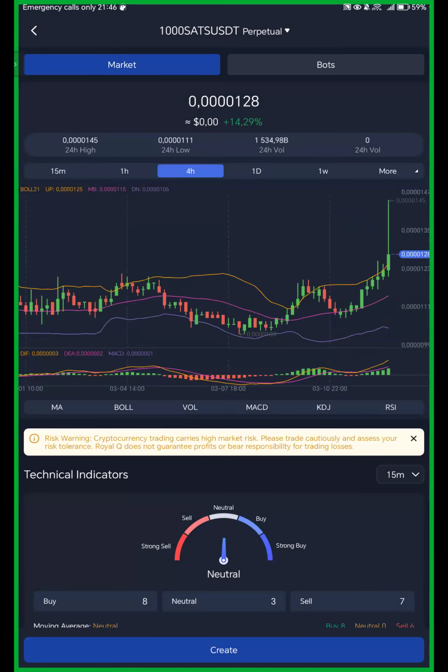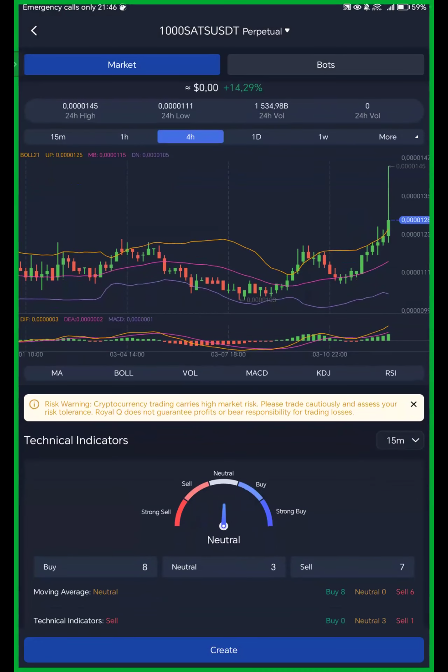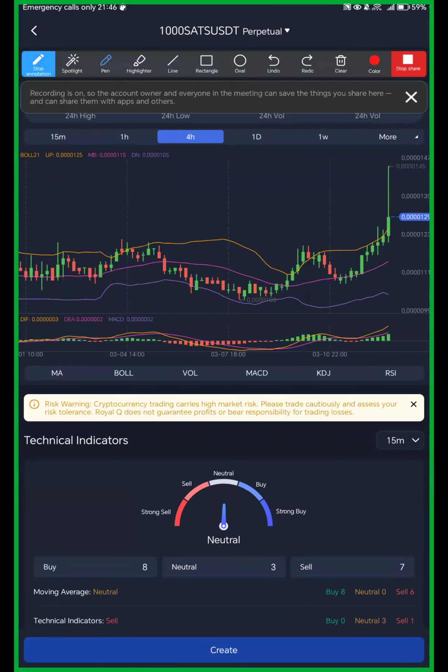But in the process of rising, the price is also moving up and down. Don't get confused and say, why are you saying that the price is falling, yet here it is going up? In the process of going up, the market does not move in a straight line. It does like this, like this, like this.